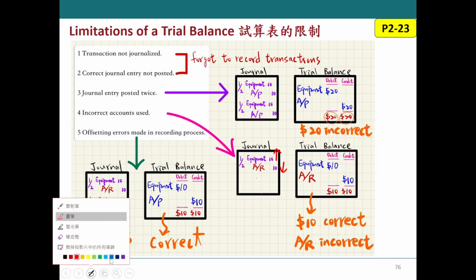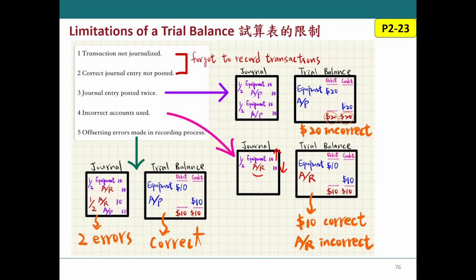Actually, I guess what's wrong? This account. You used incorrect account. Let you guess what maybe is correct account. Cash or notes payable. Why?